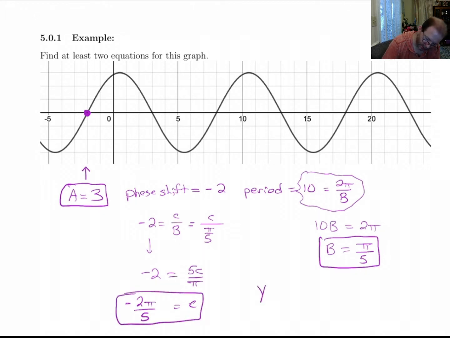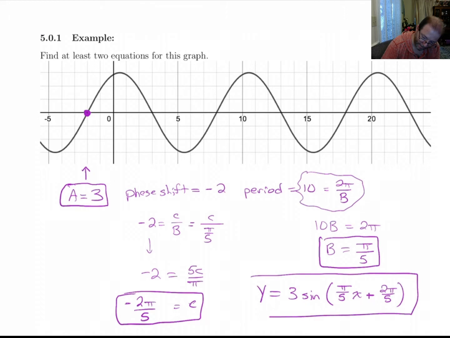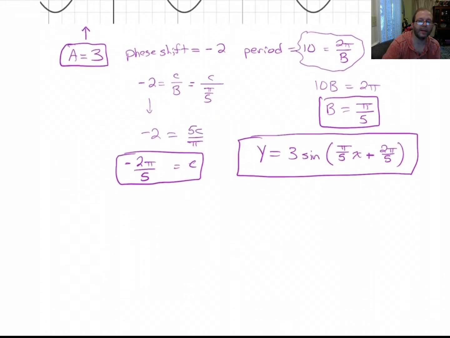So this gives me the equation y equals 3 sine of pi over 5 x minus -2 pi over 5. So plus 2 pi over 5. Let's see if that's right.